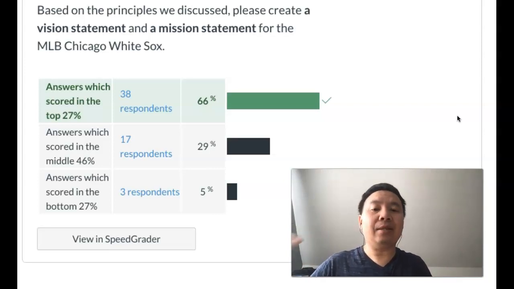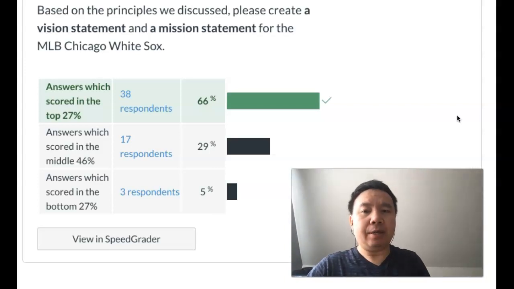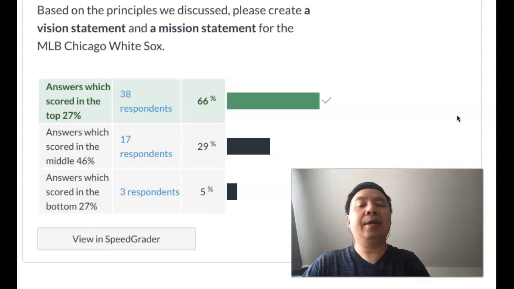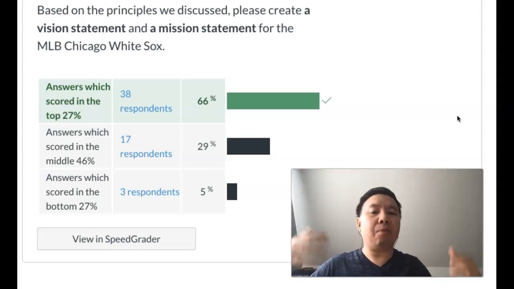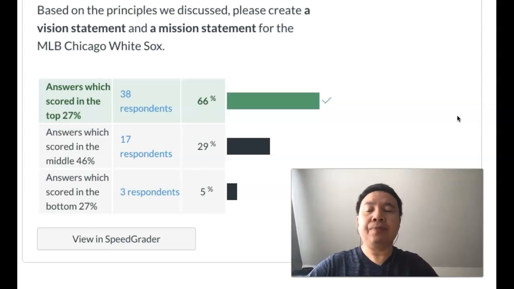You're not going to set a time frame for what the organization tries to achieve. You can give a broad statement, like: MLB Chicago White Sox, we would like to be the best professional baseball organization in the country. This is a broad statement, and you can use it for a very long period of time, right?